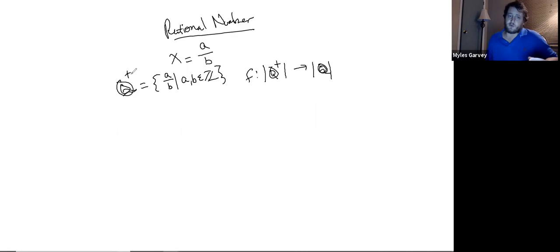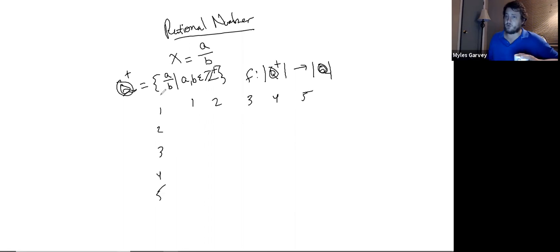But let's focus first on the positives, right? Actually, I'm going to assume both of these are positive to make it even easier. So how can I list all positive fractions A over B? Well, let's make a table, right? Let A be denoted by rows and let B be denoted by columns. So I have 1, 2, 3, 4, 5, 1, 2, 3, 4, 5.